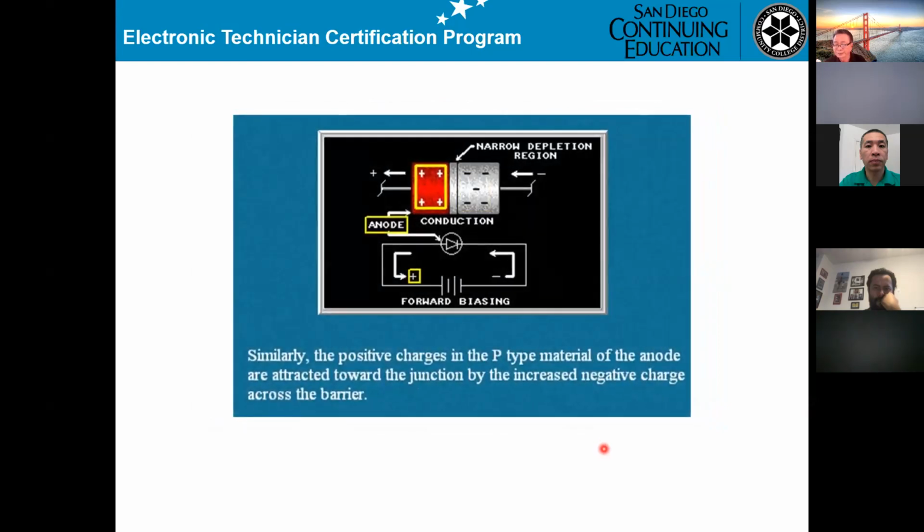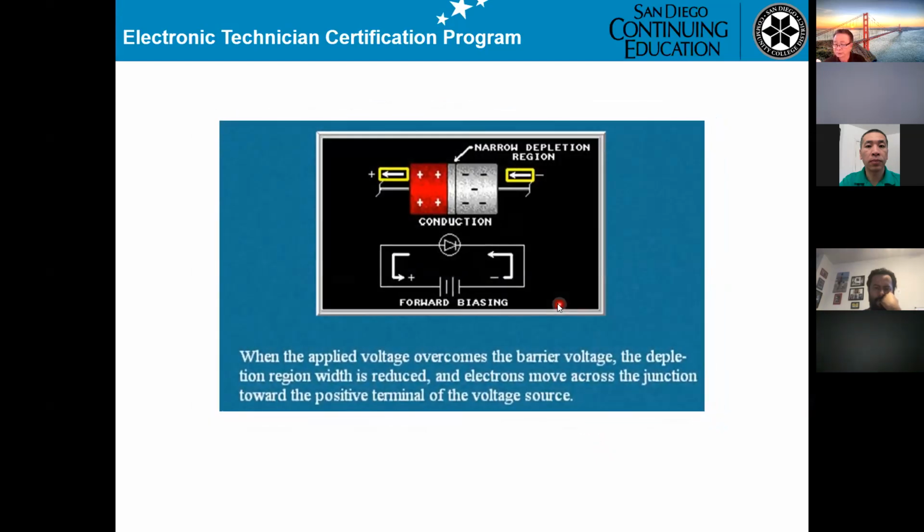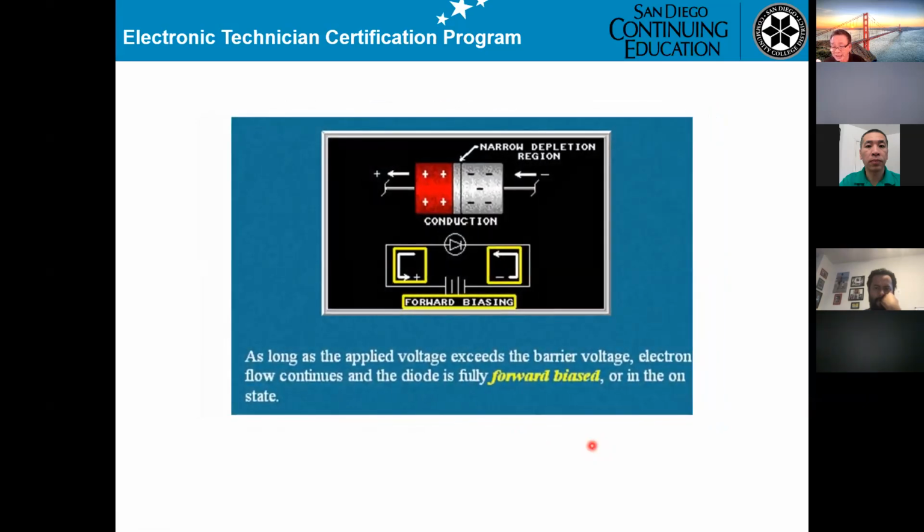I just try to emphasize what a technician needs to know. You don't care about the physics of what goes on inside the diode. The only thing is you know how the diode will be on and how it will be off, what happens if it's on and what happens if it's off.